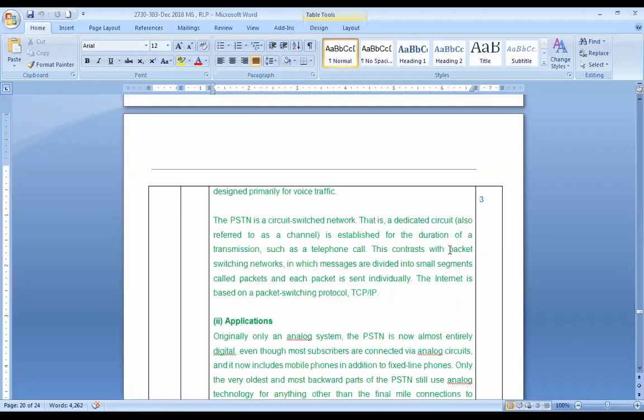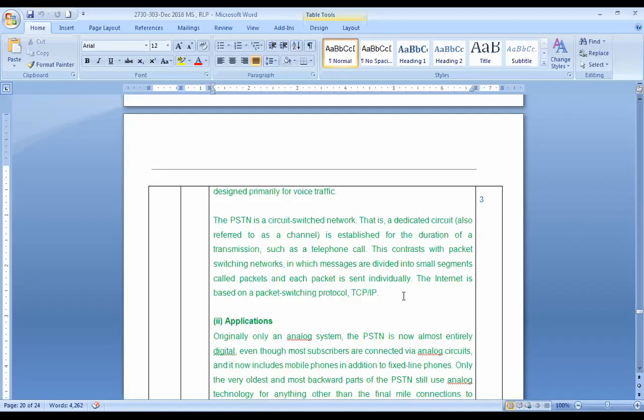Packet switching networks depend on sending information in the form of packets, in which messages are divided into small segments called packets. A long message is broken into small pieces, and those pieces are called packets. It's just like a photon, right? A packet of energy.